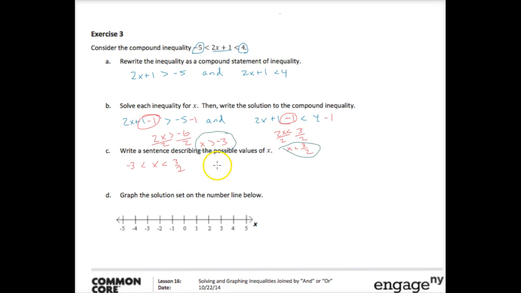So what I find is that x is between -3 and 3/2.